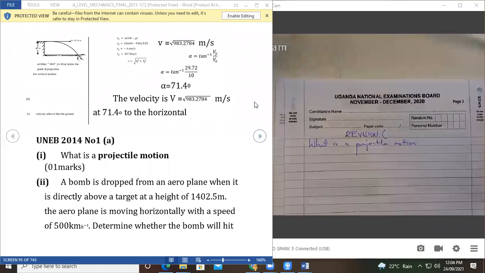Projectile motion is the motion of a body which, after being given an initial velocity, moves under the influence of gravity.